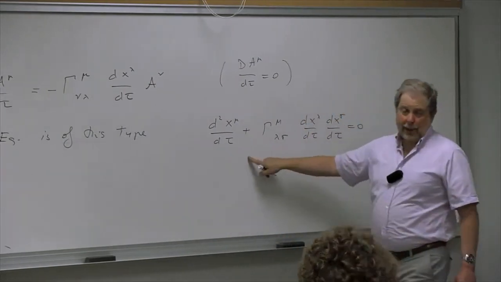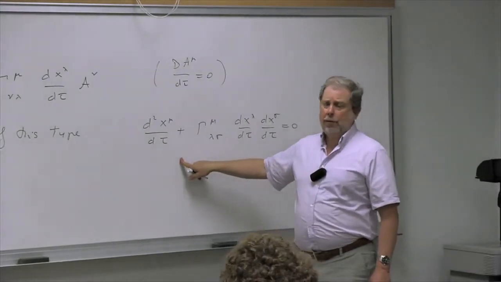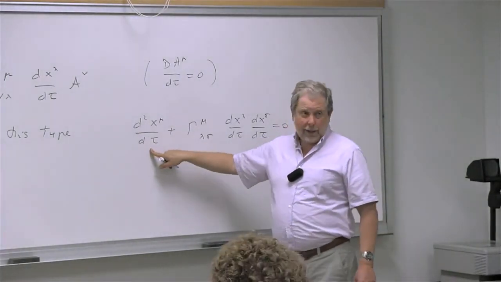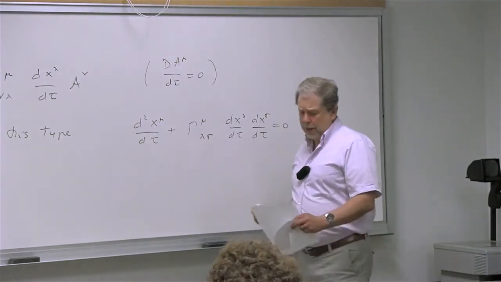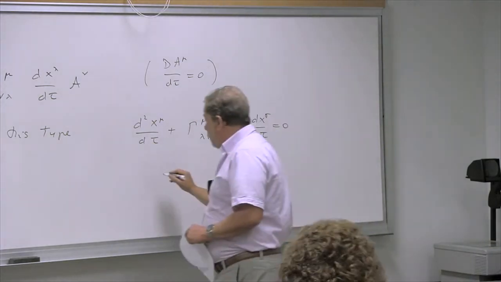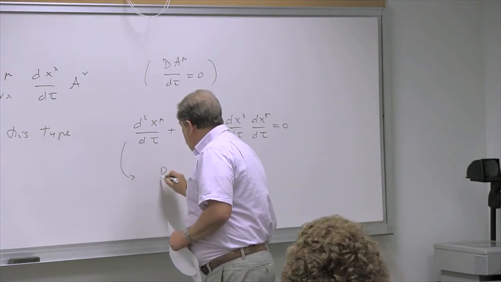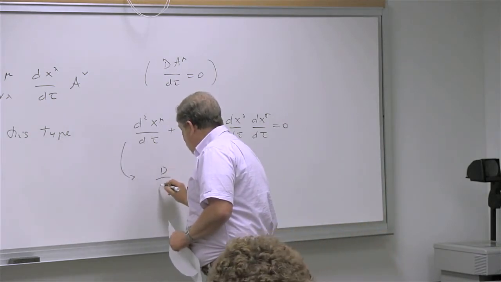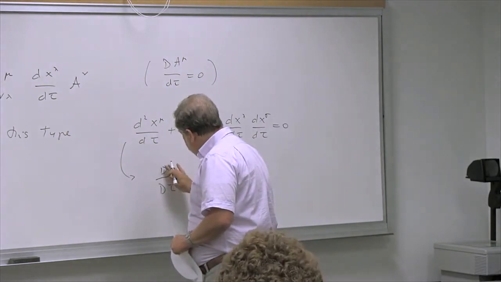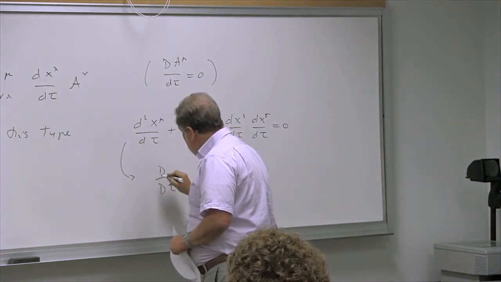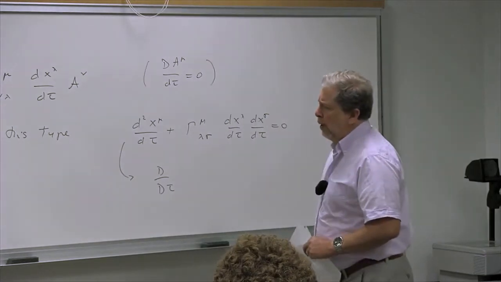So it has, in fact, some of the ingredients of the kind of things we talked about up to this point. It has derivative with respect to a parameter, which is the proper time, and it contains the affine connection. And in fact, this can be rephrased in terms of what we just defined, namely as a derivative with respect to d tau.